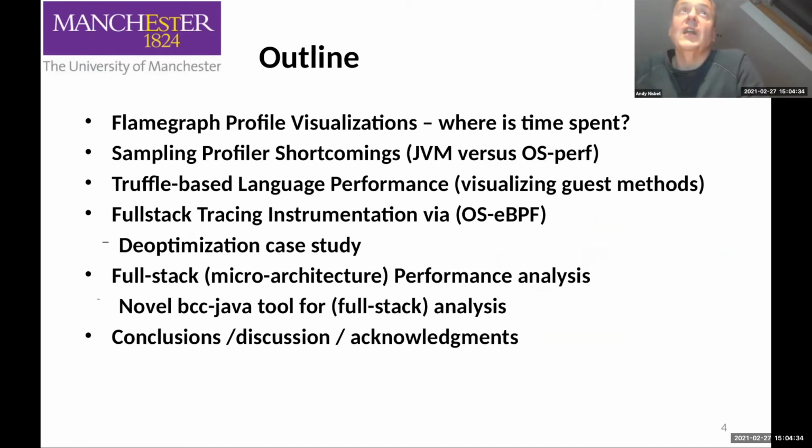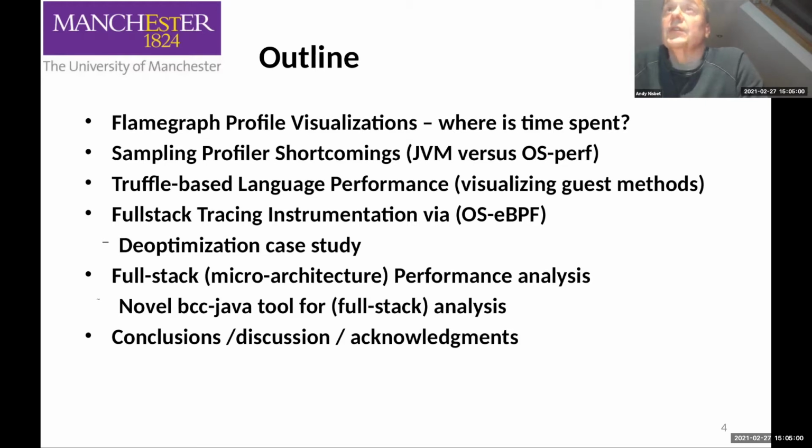So the main outline of what we're going to cover: we're going to discuss flame graph visualizations and summarize the shortcomings between JVM and OS-based techniques for constructing them. We will briefly discuss an approach to resolving Truffle guest language method names in flame graphs. We will introduce the concepts behind full stack tracing and highlight how it could be useful to de-optimization.